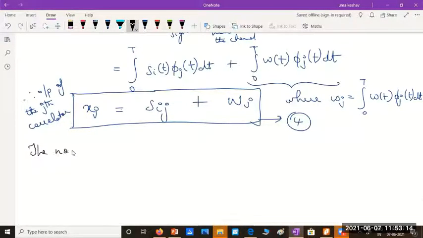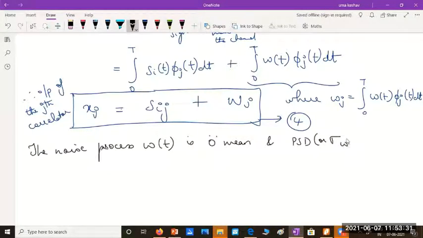Now let's say the noise process W of t is zero mean and with power spectral density or variance n naught by 2, right? We know that.